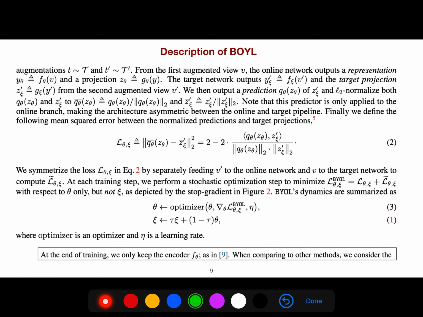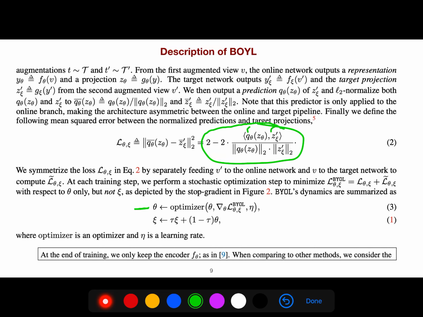In their original formulation, they use this loss, but in the appendix, they also try to symmetrize this loss, because q is coming from the predictor and z prime is from the target.